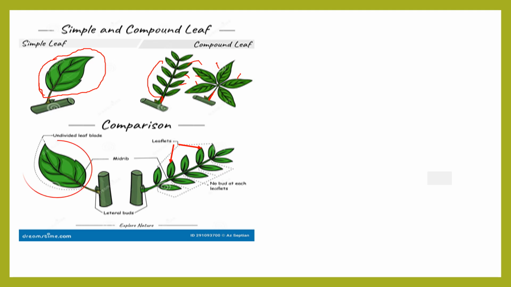This one, we said the blade is undivided. Here in this situation, the blade is divided into leaflets, and you can see the midrib here in the middle of the blade, and also here.